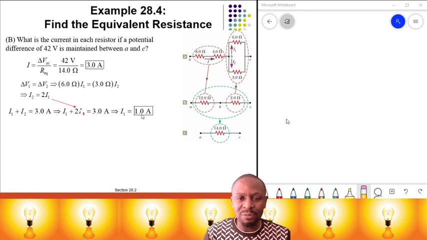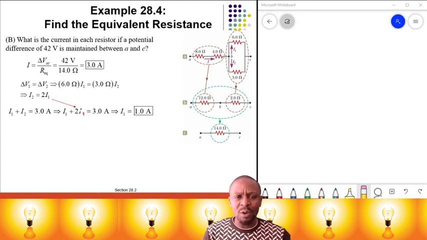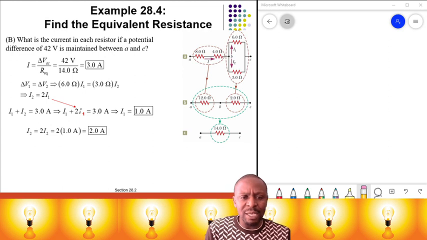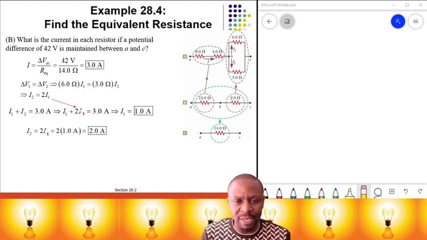Therefore I1 is equal to 1 amp. I2 will also be 2 times I1, which is 2.0 amps.